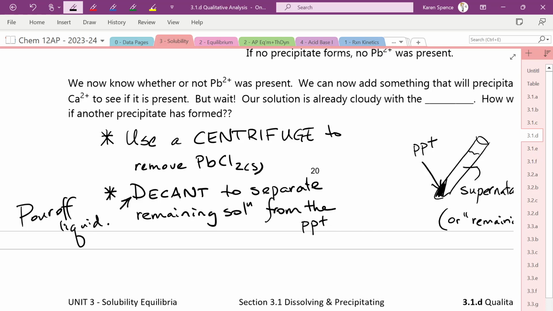If you choose barium, it will also precipitate when you add sulfate. Your second step is: is calcium present? So the clear solution may or may not contain calcium. What would you like to add to see if calcium is in it? Sulfate.